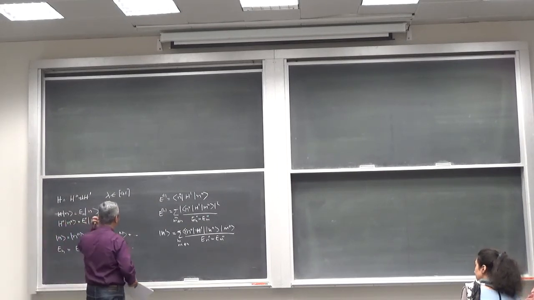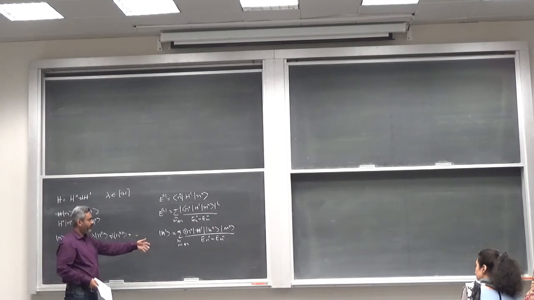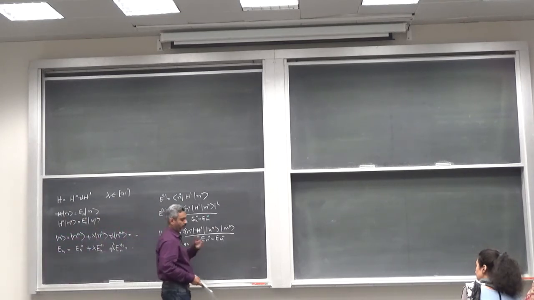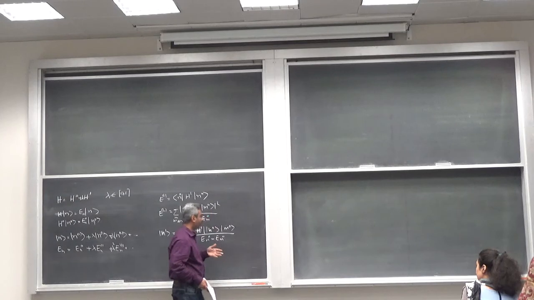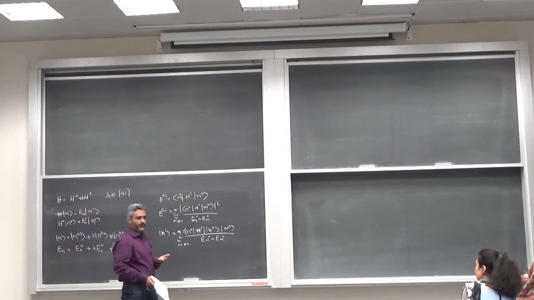You can keep on going. You can calculate E3. You can also calculate N2, N3, E3. But basically, what you have to do is put both of these in this equation, calculate order by order, and just keep on solving the equation.